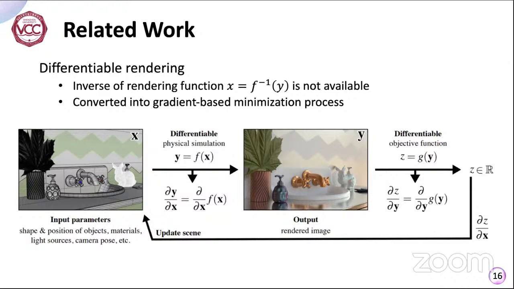Owing to the complexity of the function f, an inverse function to retrieve some parameter from this existing image y is usually not available. So differentiable renderers pursue such an inverse by differentiating f and casting the inversion into a gradient-based minimization process.